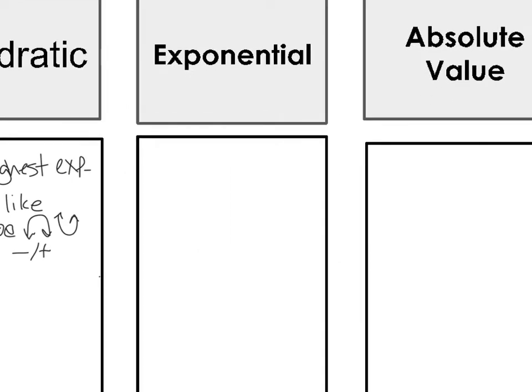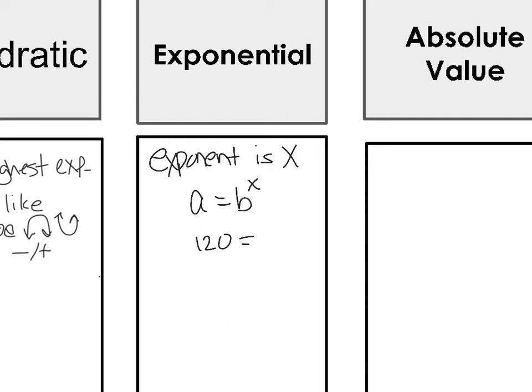Exponential, the exponent is x. All right, so you have a variable for your exponent, and it might look something like a equals b to the x, or 120 equals 0.5 to the x.